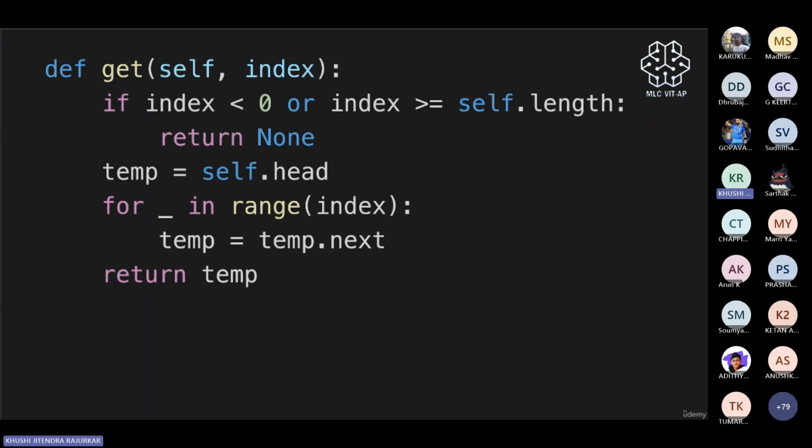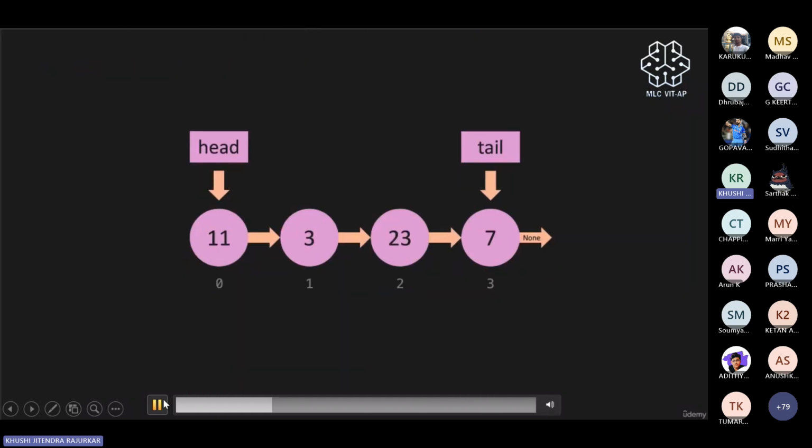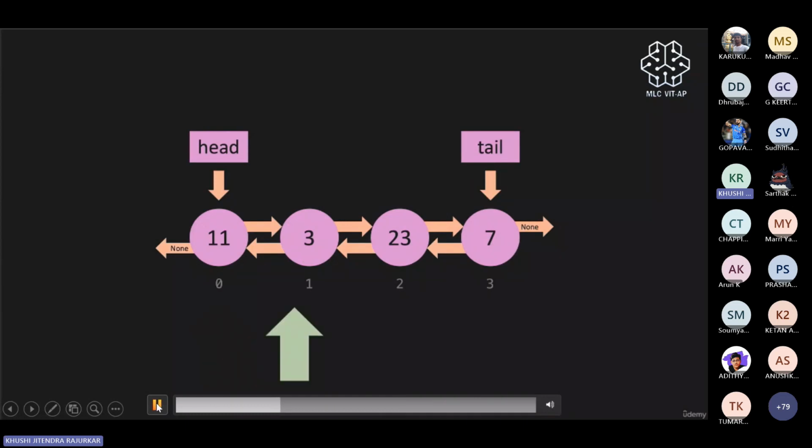All of this was done in the singly linked list, and if we want to optimize our function by taking advantage of the fact that you can iterate in both directions in a doubly linked list, you can change your code like this. For example, if the element that you want to find is in the first half of the list, as you can see, if it is at index 1, then you can simply iterate through it one by one.